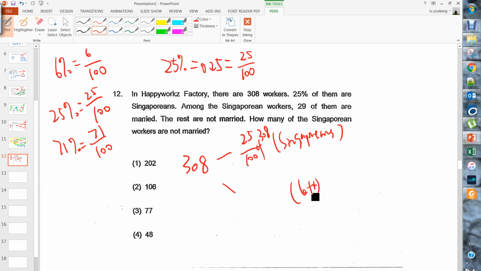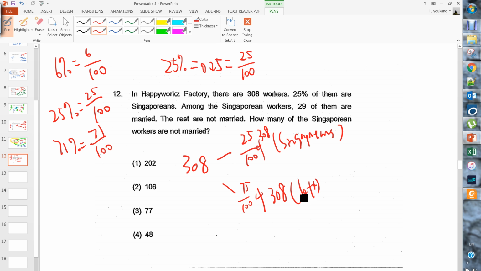What is the rest? 3 over 4. Which is 75 over 100. If you simplify, it's 3 over 4. So 3 over 4 of 308.